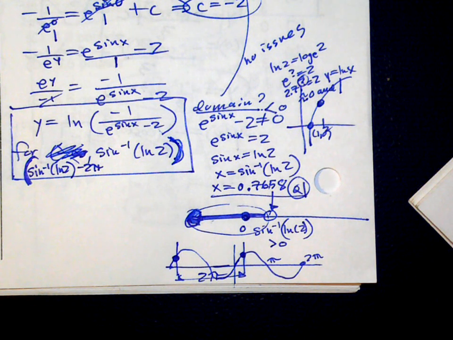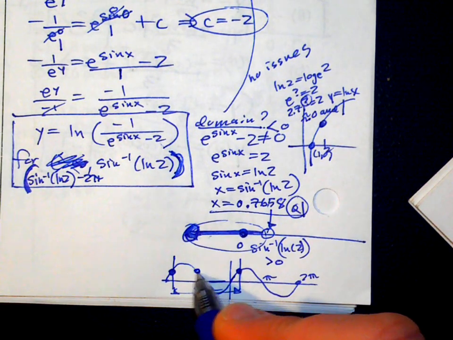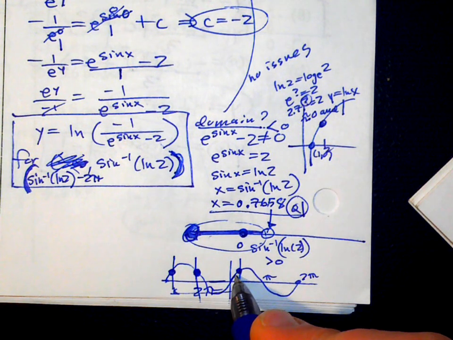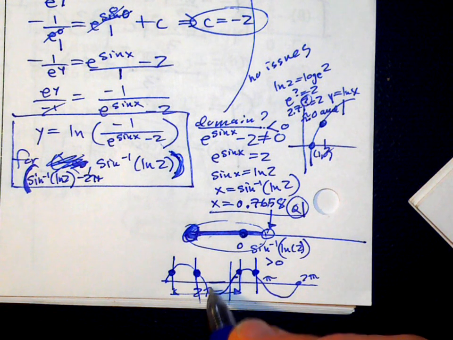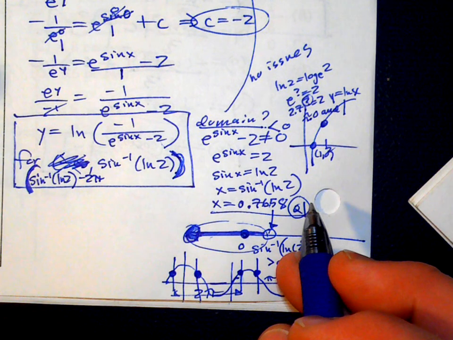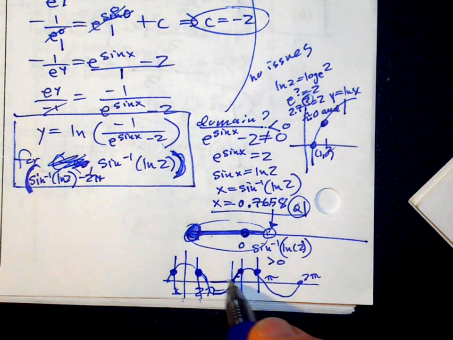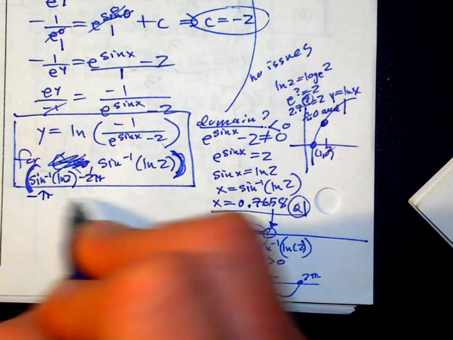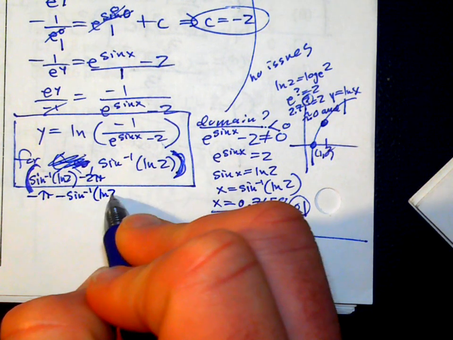Is that right? Oh, actually, gosh, keep finding mistakes. Actually, it hit the value right here, right? Because these values, quadrant 1, and then it hits it again in quadrant 2. So we would have to do, it's actually this same angle right here, but we'd subtract. Okay, so negative pi minus inverse sine of natural log of 2.